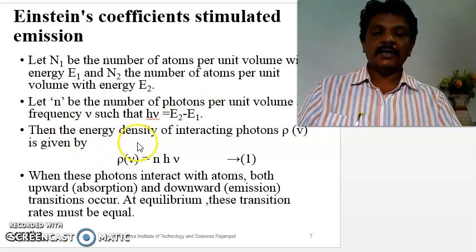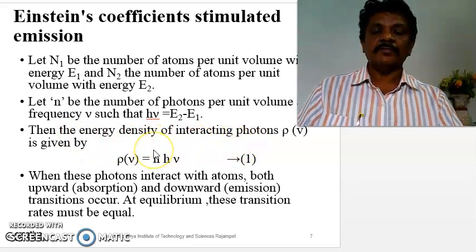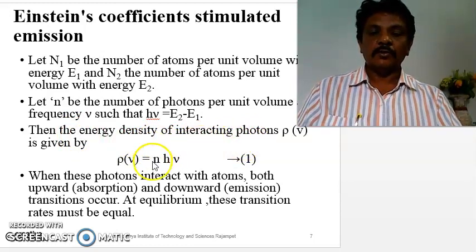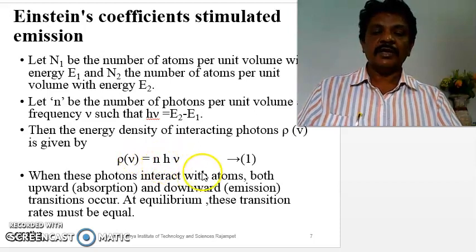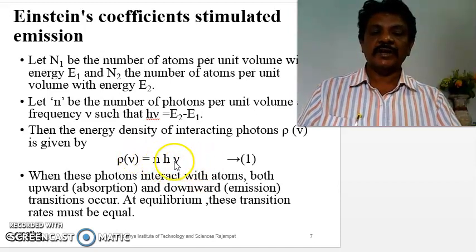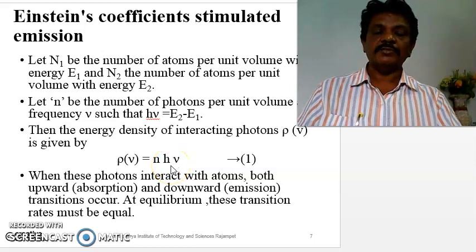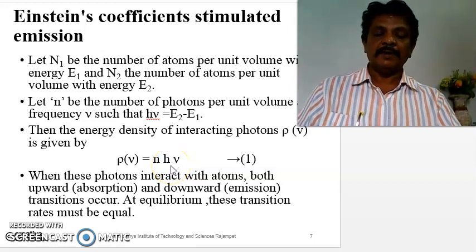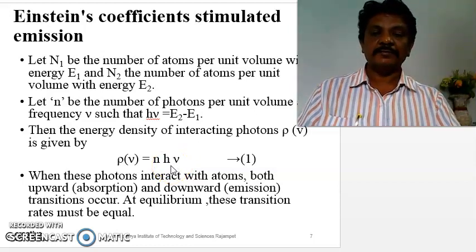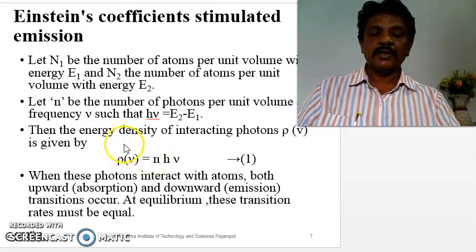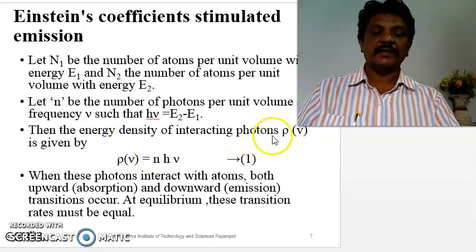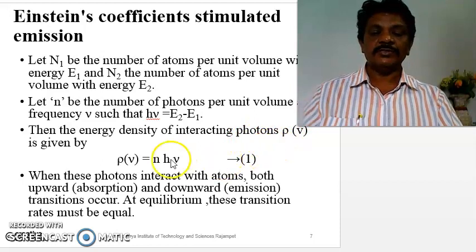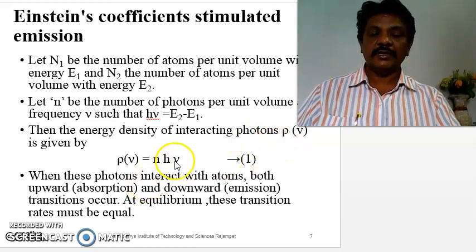Then the energy density of the interacting photons is given by rho nu is equal to N h nu. This is the interaction energy with the substance by means of absorption or emission.